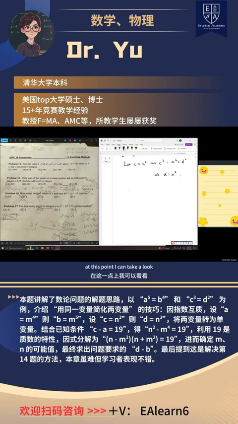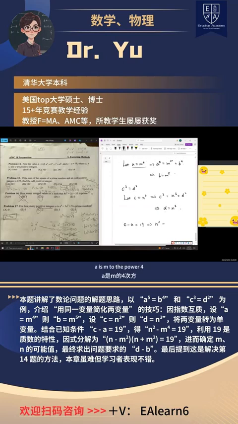At this point, I can take a look. c minus a equals 19 gives me n to the power 2 minus a, where a is m to the power 4, equals 19.